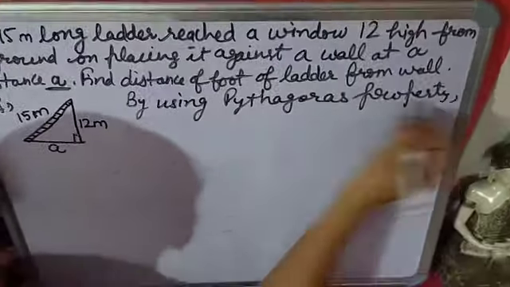So this is hypotenuse, so hypotenuse square is equal to base square plus perpendicular square.